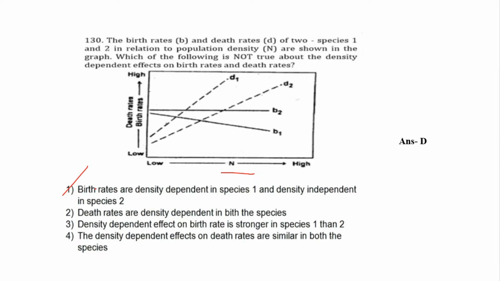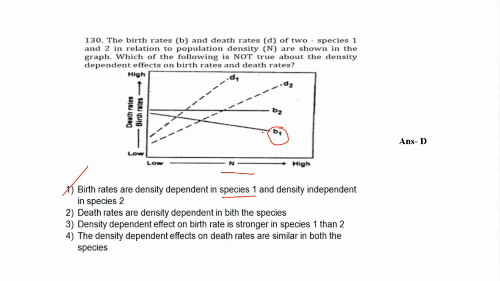First statement, they are saying that the birth rates are density dependent in species 1. Birth rate. Are they density dependent? Very clearly understood, right? So we can say it is density dependent.